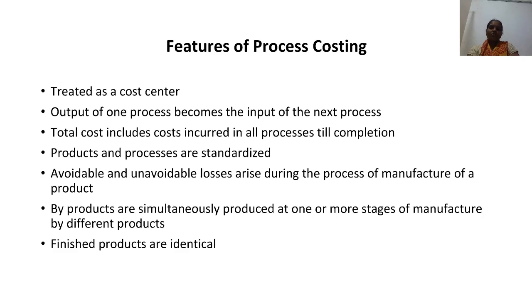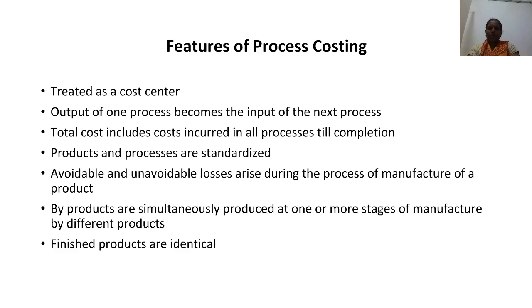In the sense, the products are similar. The finished products are similar. So, according to that, the products and processes are standardized. They should not be changed. They should maintain uniformity in process casting.